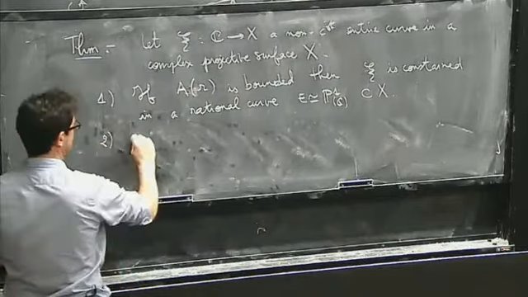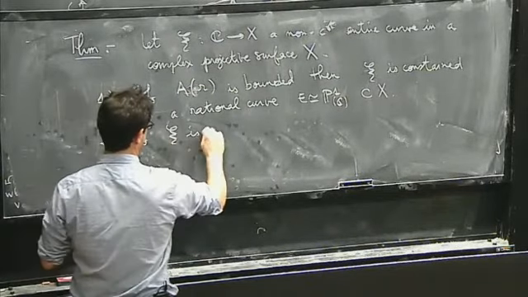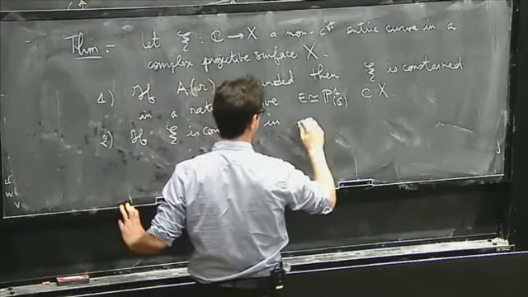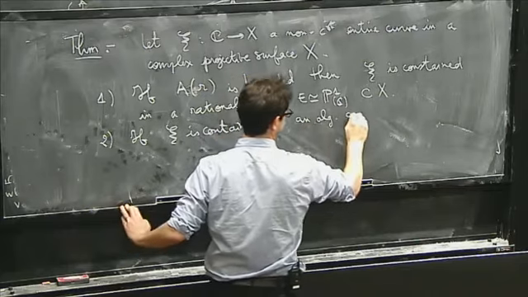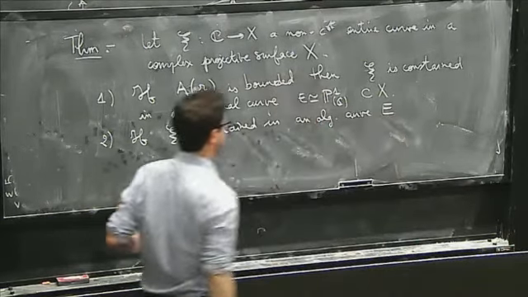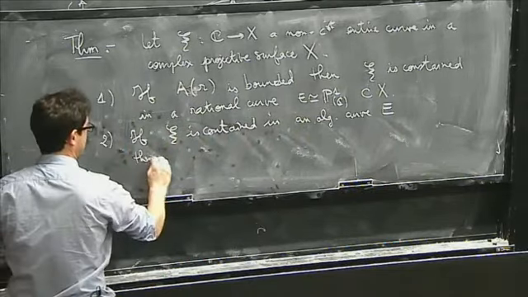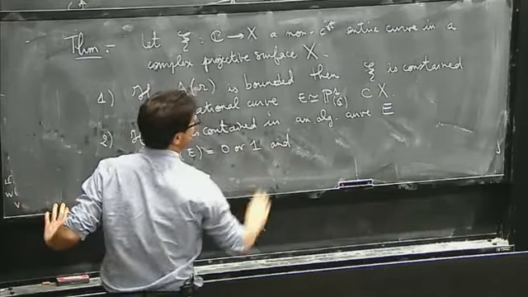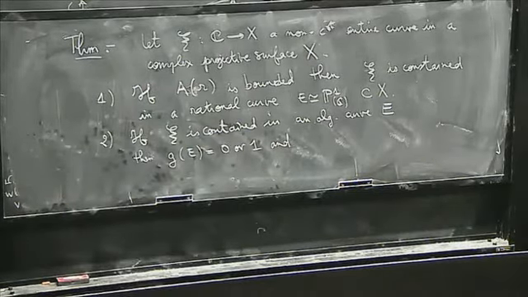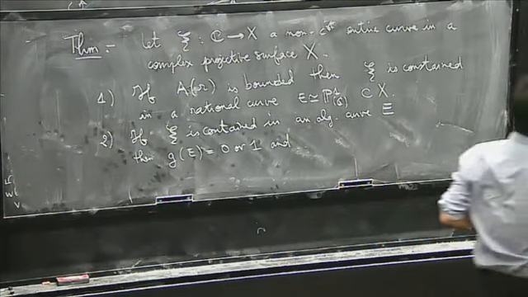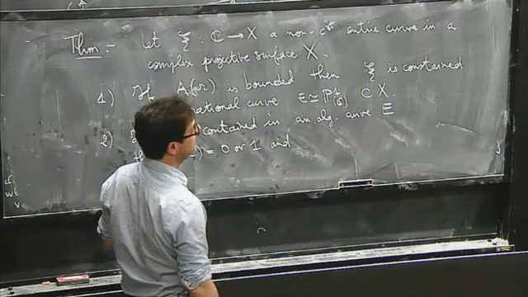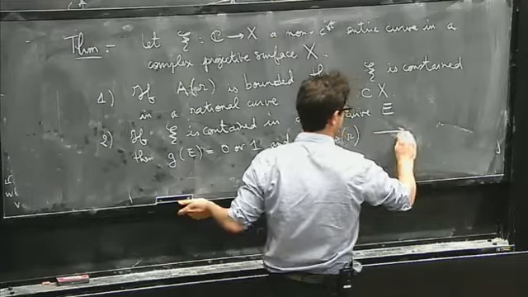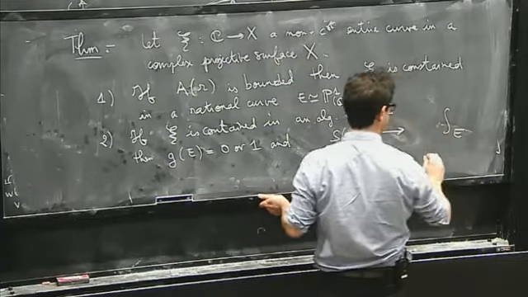Second, if C is contained in an algebraic curve E, then of course the genus of E is 0 or 1, and this sequence of currents converges towards the integration over the curve E. So S converges toward the current of integration of E up to some non-zero constant.